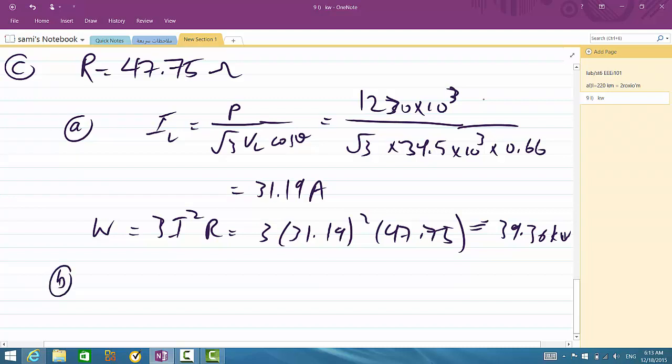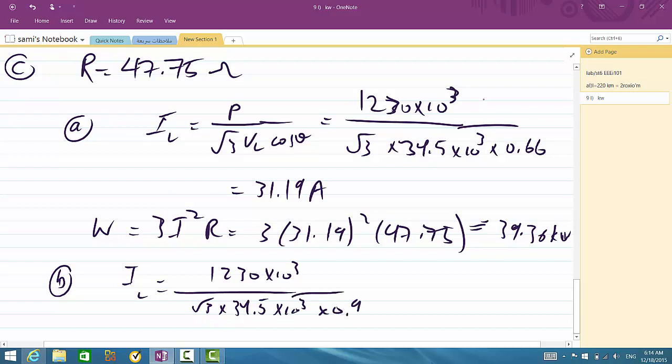For B, after installing the capacitor bank, the power factor improved, so 1230 times 10 to the power 3 divided by root 3 times 34.5 times 10 to the power 3 times the power factor, which is 0.95 instead of 0.66, and the current reduced to 21.67 ampere.